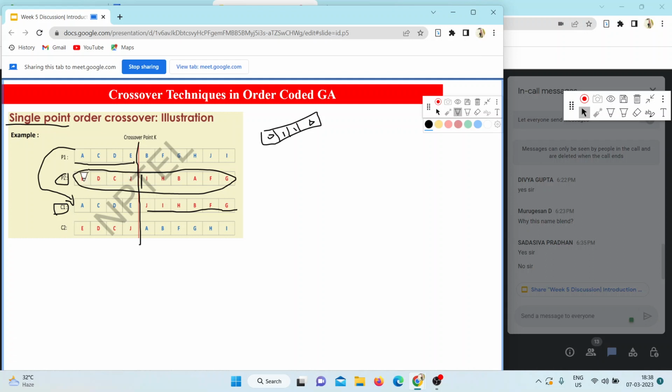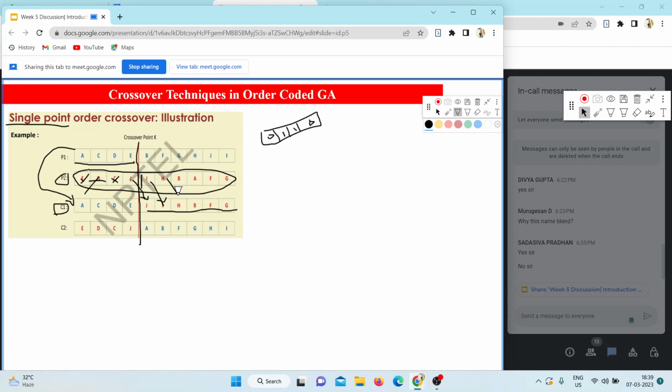As E is already there, we can't write E. Then D is already here, we can't write D. C is already here, we can't write C. But J is not here, so we transport this bit here. Then I is not there, so we transport this bit here.